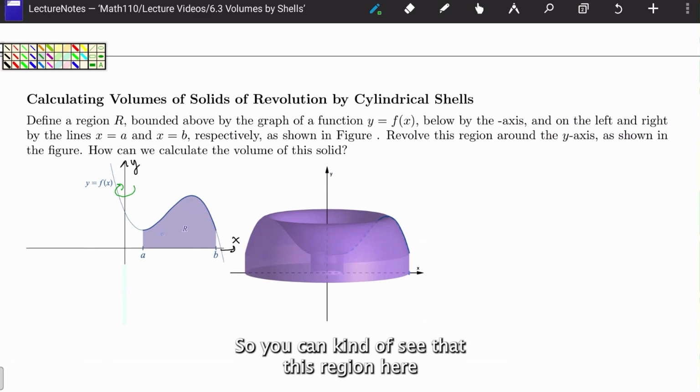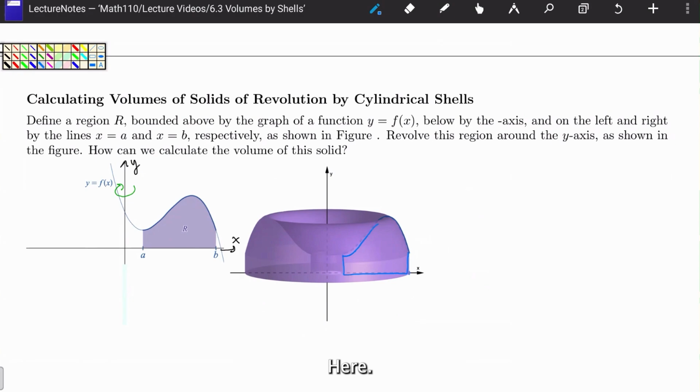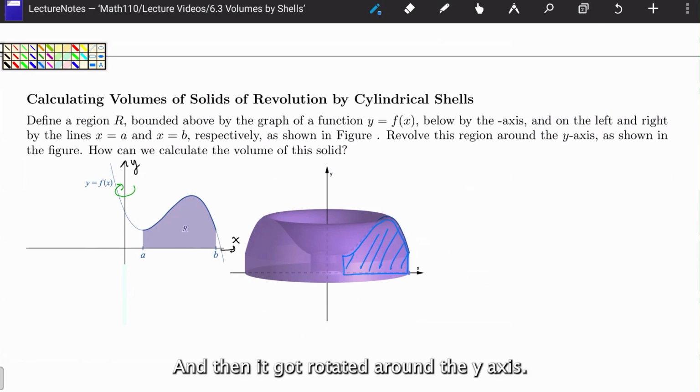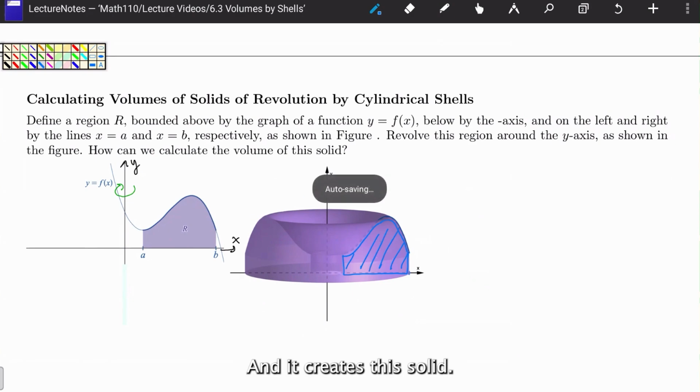You can see that this region here corresponds to this, and then it got rotated around the y-axis, and it creates this solid.